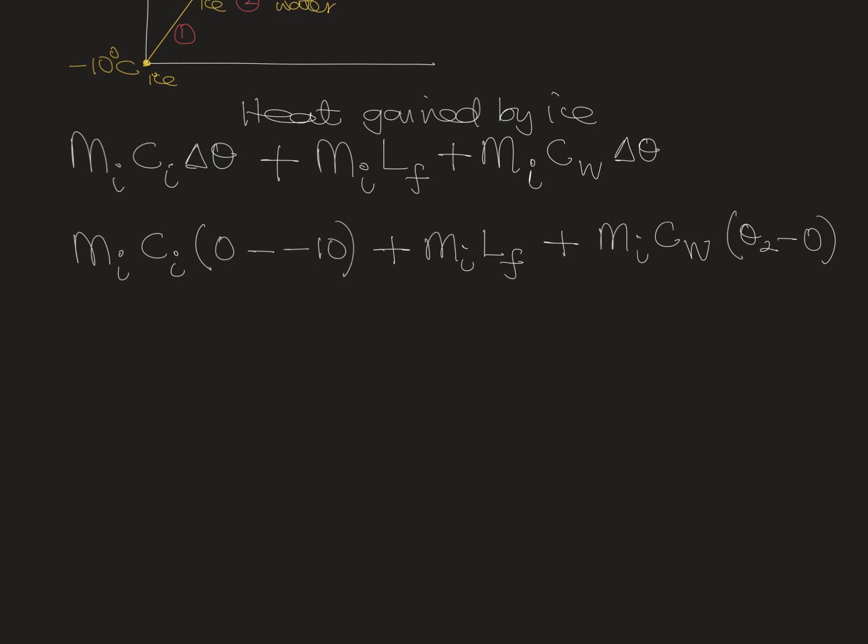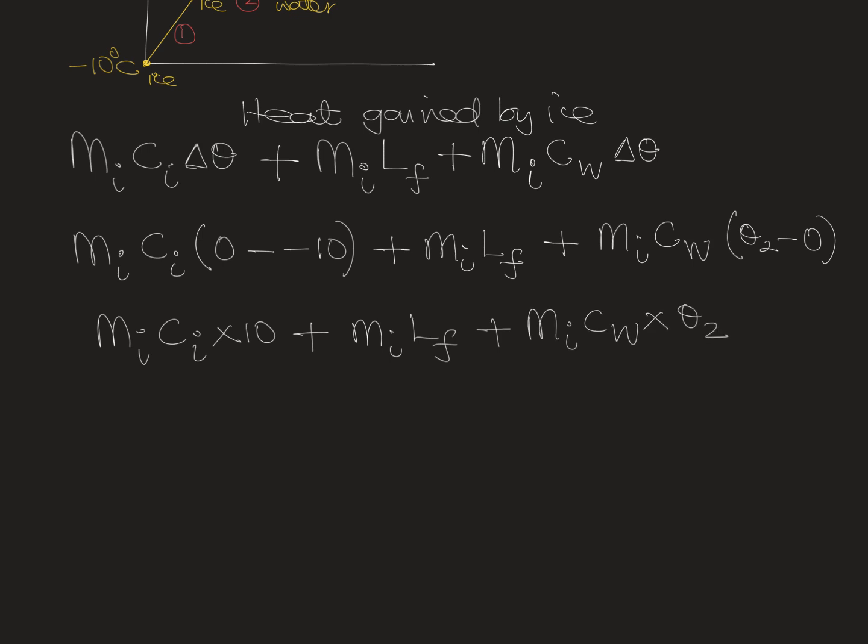So that is theta 2 minus 0. If we simplify this, we'll have the mass of the ice, specific heat capacity of the ice times 10, plus the mass of the ice times the specific latent heat of fusion, plus the mass of the ice times the specific heat capacity of water. Theta 2 minus 0 is just theta 2.